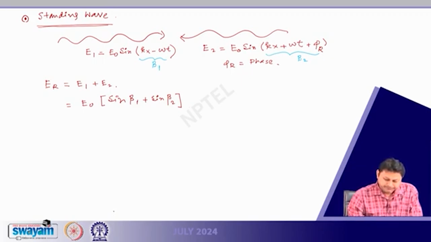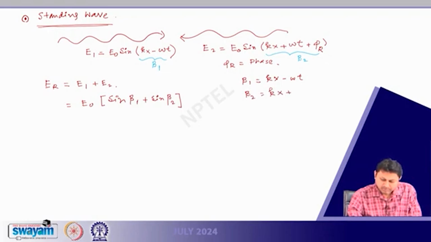Okay, let me write it here. Beta 1 is equal to kx minus omega t, and beta 2 is kx plus omega t plus phi r.